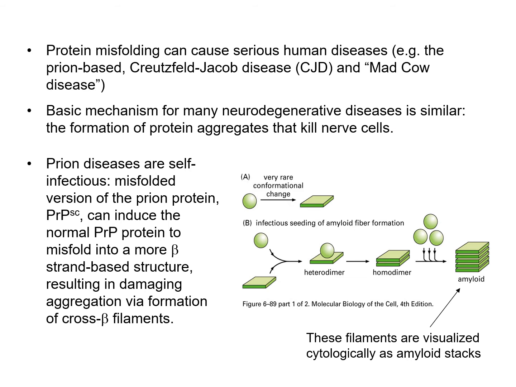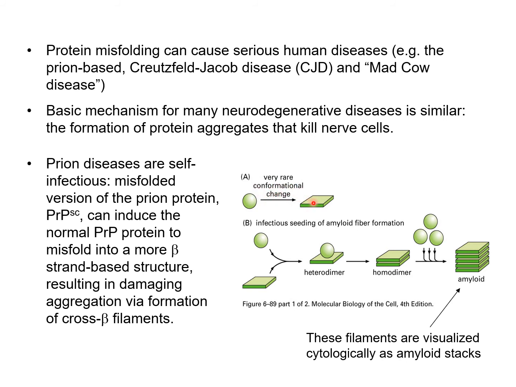And prion diseases are self-infectious too, which means that this misfolded version of a prion protein, which is basically beta strand based, can arise in a very rare case.